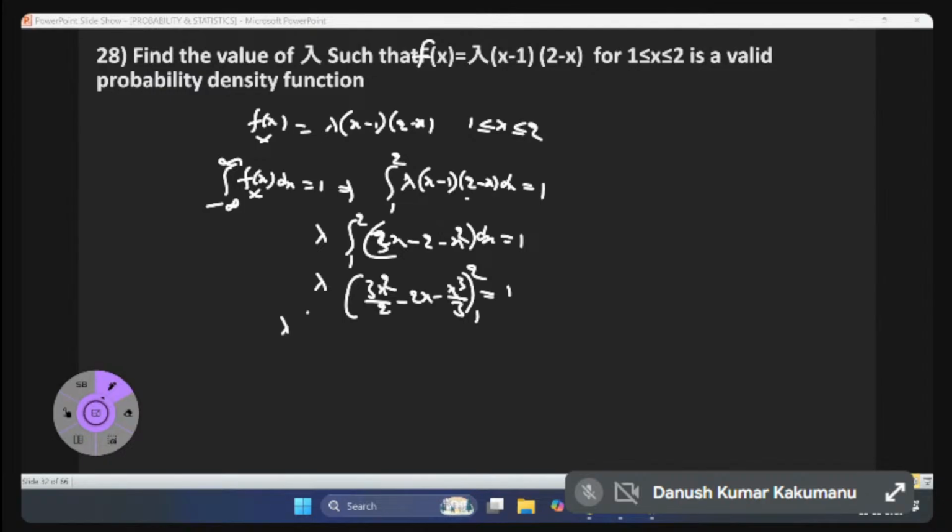Substitute upper limit and lower limit, simplify. For upper limit, 6 minus 4 minus 8 by 3, minus 3 by 2 plus 2 plus 1 by 3 is equal to 1. Simplify this, you will get lambda equal to 6.